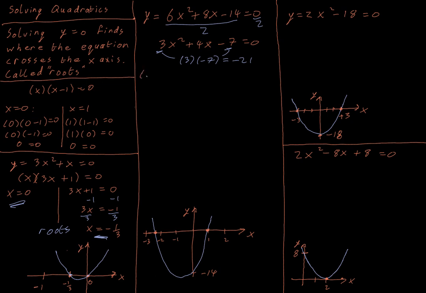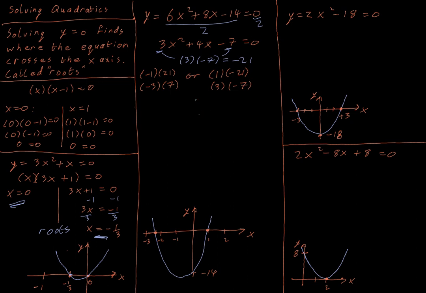So let's write down all the factor pairs of -21. Well, I have -1 by 21, or I have -3 by 7, or I could have 1 by -21 and 3 by -7.